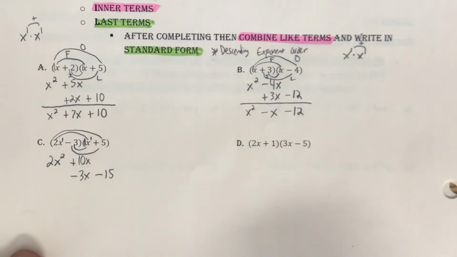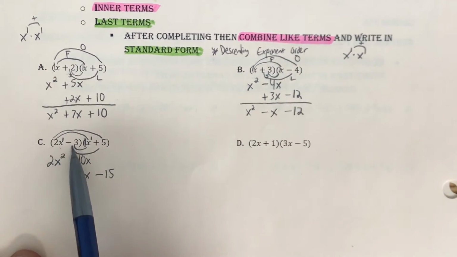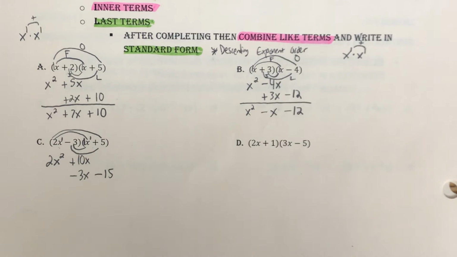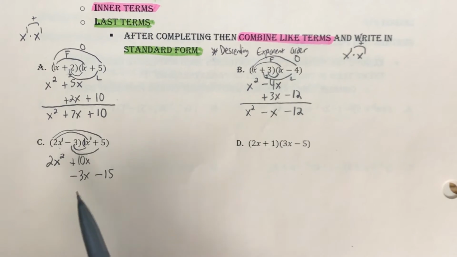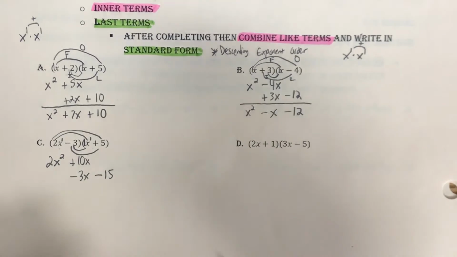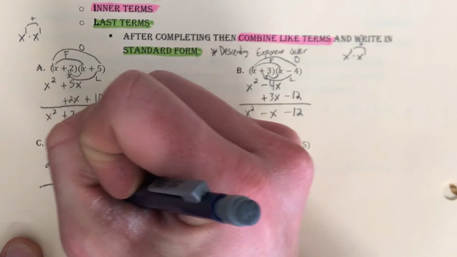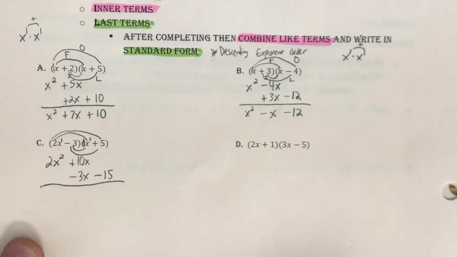Now again, when I was doing this, I had already noticed that both the binomials were in standard form, which I would say 95% of the ones that you get are going to be in that standard form, also known as descending exponent order. So when we stacked, I knew that I could just move one over and I was going to be able to line up like terms. So once I've done that, then I can do my combination down the columns.